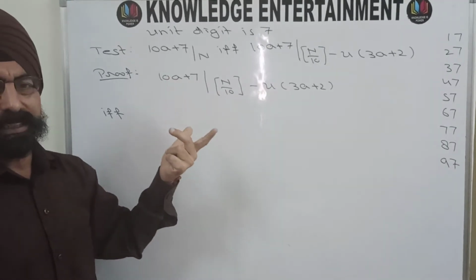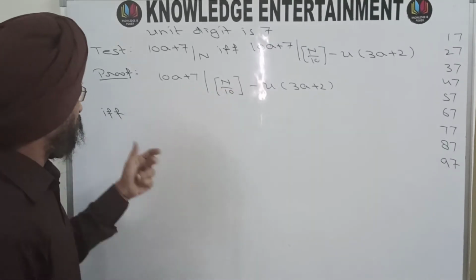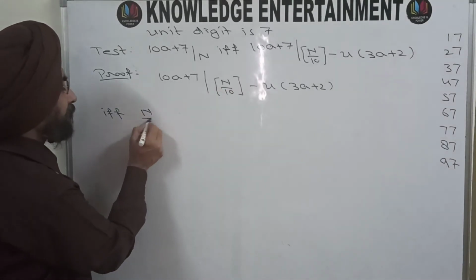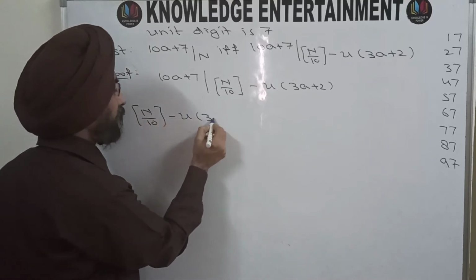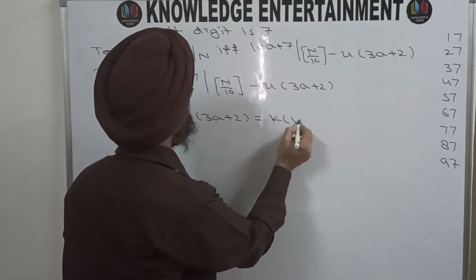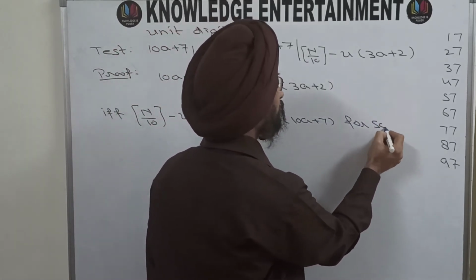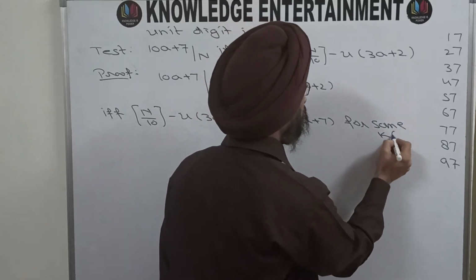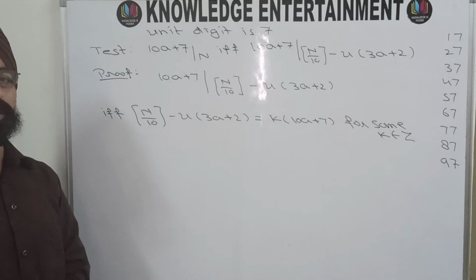So there exists some integer k such that this can be represented as k times this number. So if and only if n by 10, greatest integer, minus u times 3a plus 2 is equal to k times 10a plus 7 for some k belonging to the set of integers. The process is almost the same.